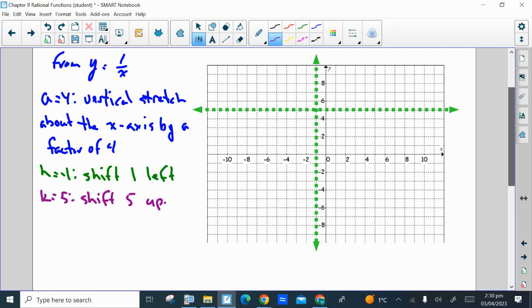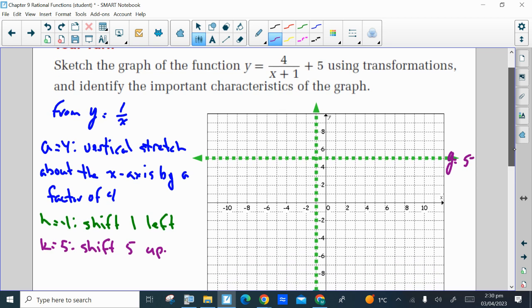Okay, so we can label these. This is at x equals -1 and at y equals positive 5. To get some points on this graph, some points that work out nicely, I can let x equal 0 because on the bottom 0 plus 1 is 1. 4 divided by 1 is 4, plus 5 is 9.